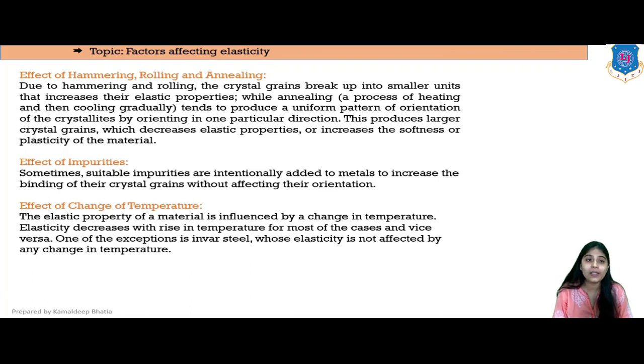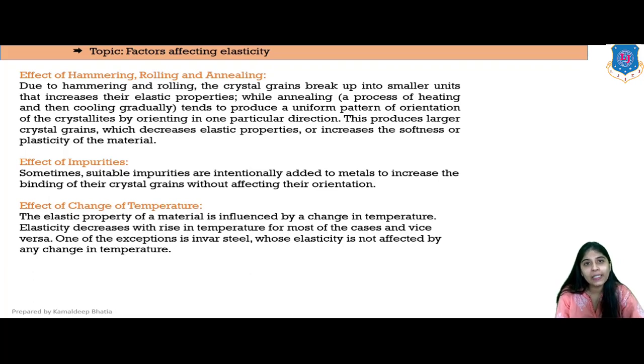So let us discuss some factors that influence elasticity. The first factor is the effect of hammering, rolling and annealing. Due to hammering and rolling, the crystal grains break into smaller units, which increases the elastic properties. Annealing means the process of heating and cooling gradually.